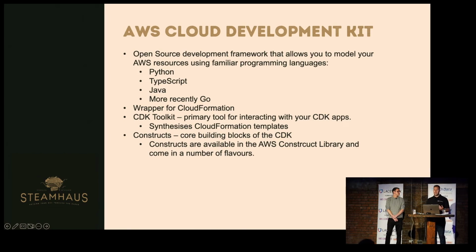The constructs are categorized into three levels, which range from being able to create individual resources that are available via CloudFormation through to what are known as patterns. For example, there's an ECS pattern that allows us to deploy a load-balanced ECS Fargate service with just a few lines of code. So it abstracts a lot of that configuration away from us and makes things a little bit simpler.